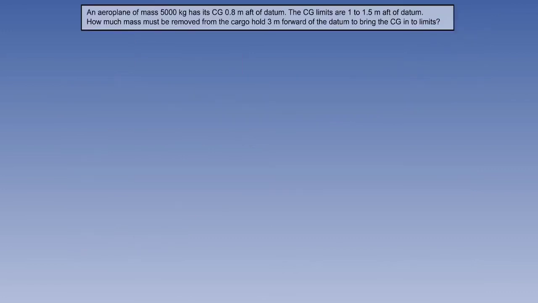Here is another example of adjusting the centre of gravity to bring it into limits by removing mass. Once again, we will use the formula, but this time, however, there is no picture accompanying the question, and it is advisable to draw a simple line sketch to represent the situation.